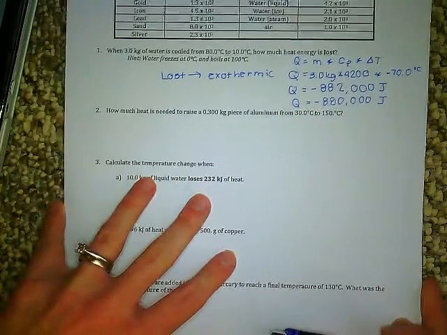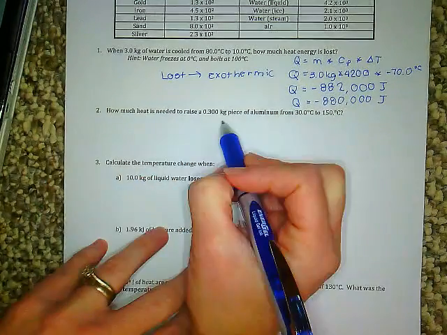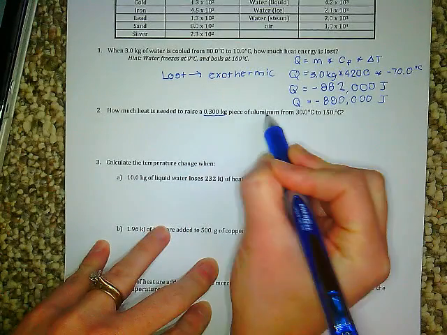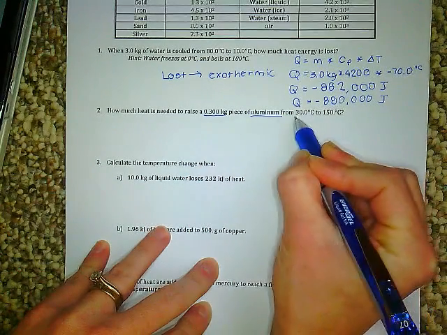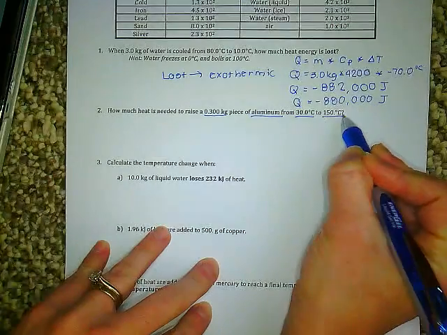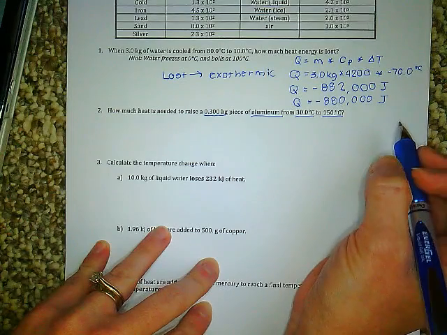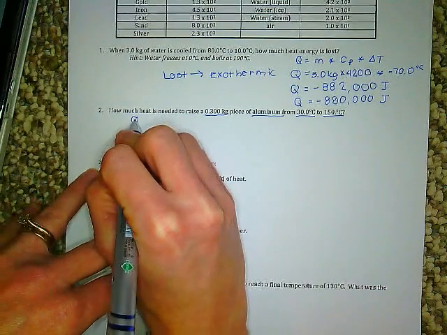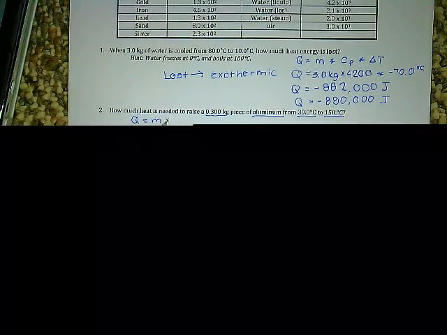Let's take a look at the next one. How much heat is needed to raise a 0.300 kilogram piece of aluminum from 30, there's the initial, to 150, which is the final. So again, let's go ahead and write down our formula.